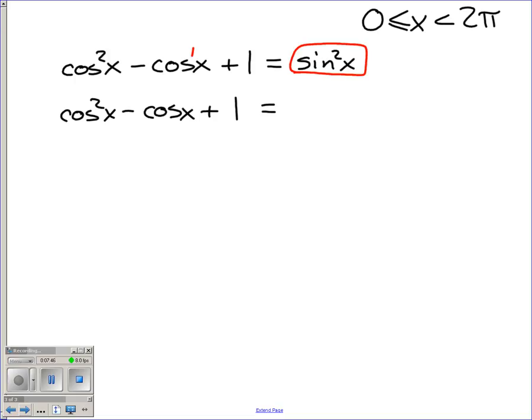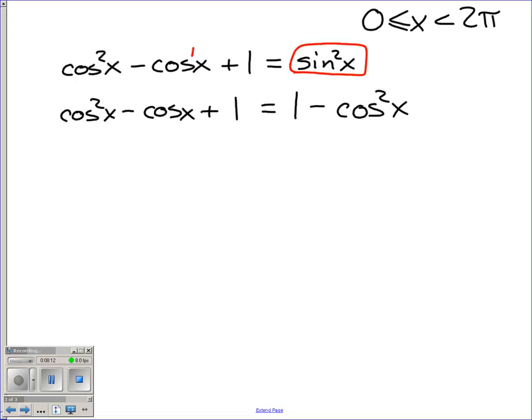And this is back from the original Pythagorean trig identity. Sine squared plus cosine squared equals 1. And so instead of writing sine squared x, I'm going to replace it with 1 minus cosine squared x. Again, if you just subtract cosine squared from both sides, that leaves you with 1 minus cosine squared is equal to sine squared.